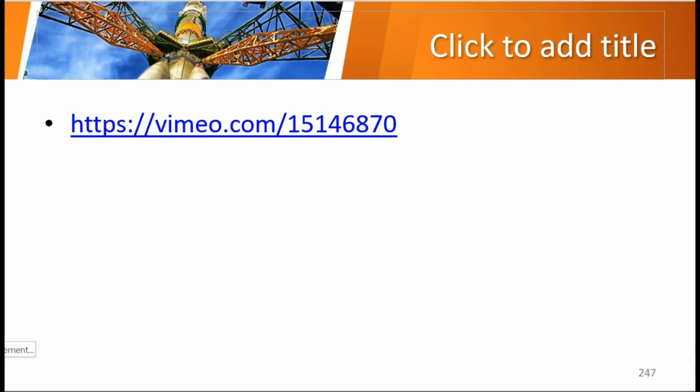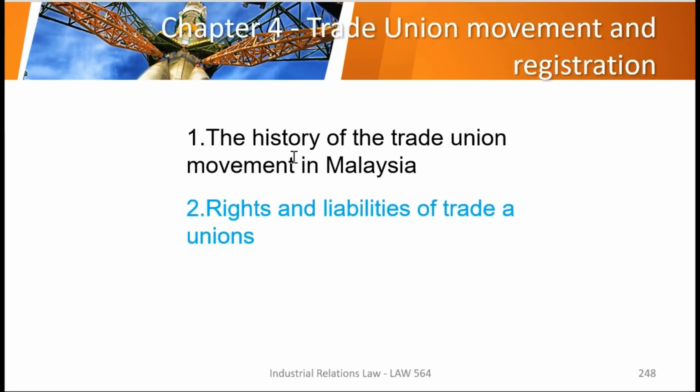You should be able to see the compressed history of the trade union movement in Malaysia. Now, what we need to do is look at the rights and liabilities of trade union. The first part is more towards history. The second part is more concerning the legal provisions provided for trade unions in Malaysia.